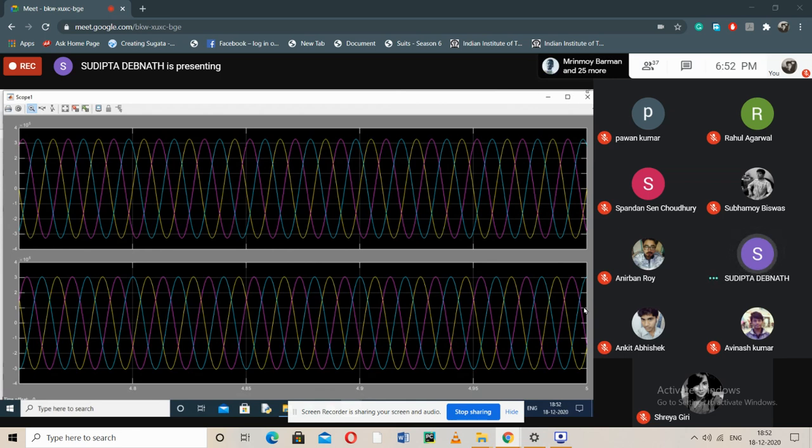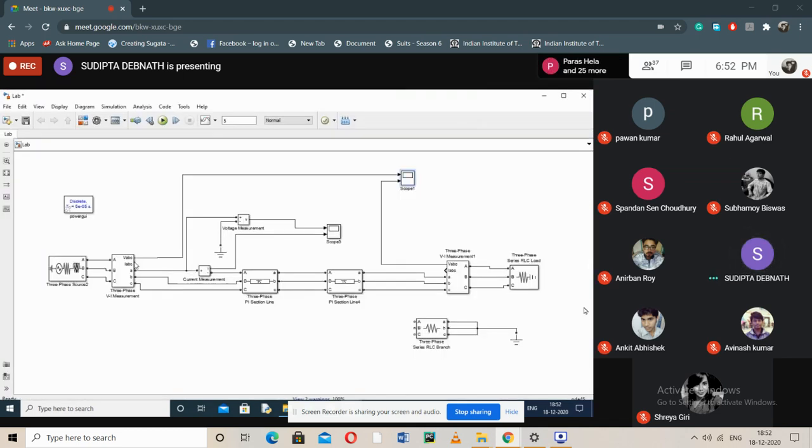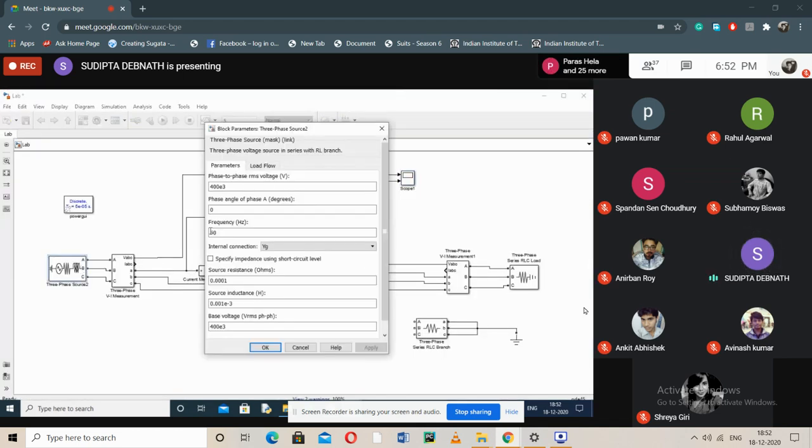See, first let us go to the source. The phase-to-phase voltage, meaning the line voltage between one phase and another phase, is 400 kV. Okay. So if the line voltage is 400 kV, what is the phase voltage?